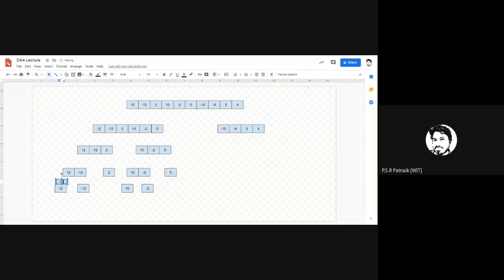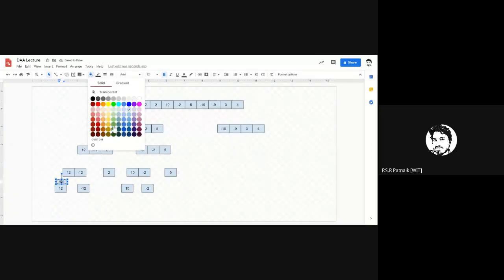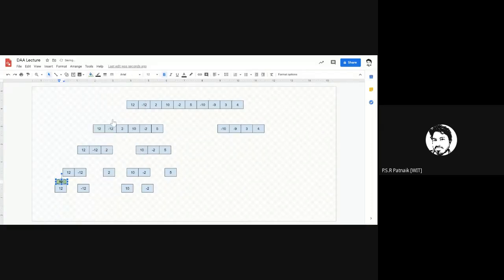The maximum sum will be 12. So now, I hope this font is visible, I'll make it bold, and I'll just change the background color. Okay, the maximum sum subarray for this subarray is 12, right?